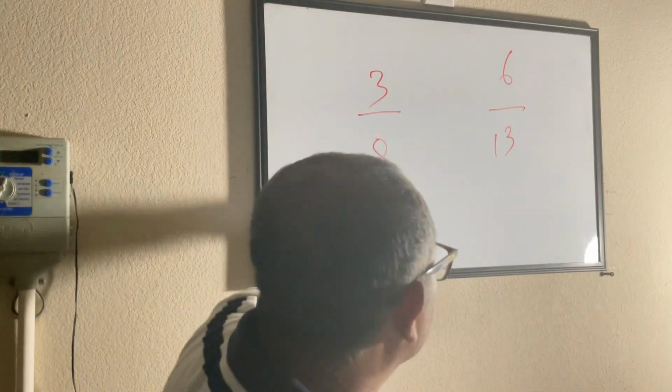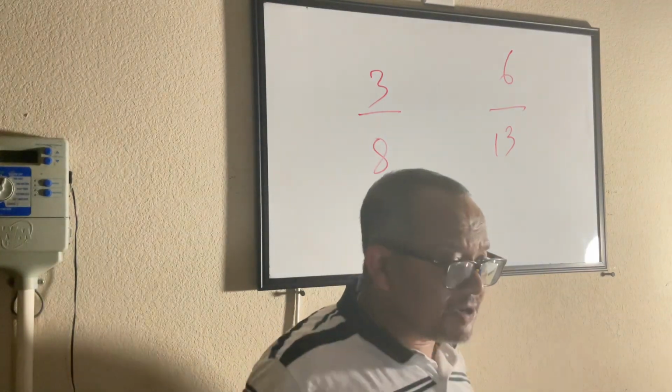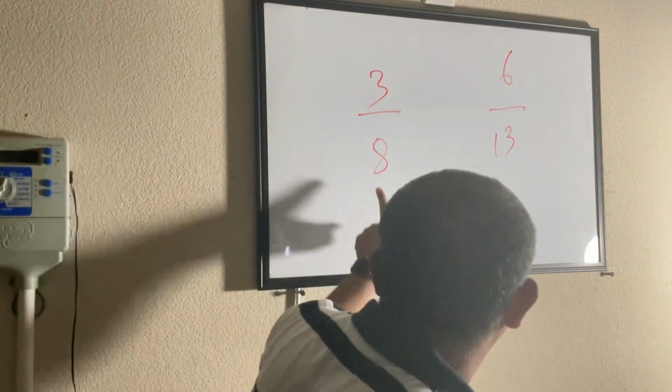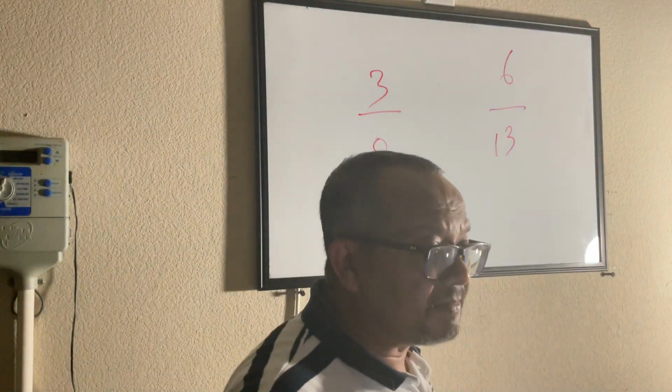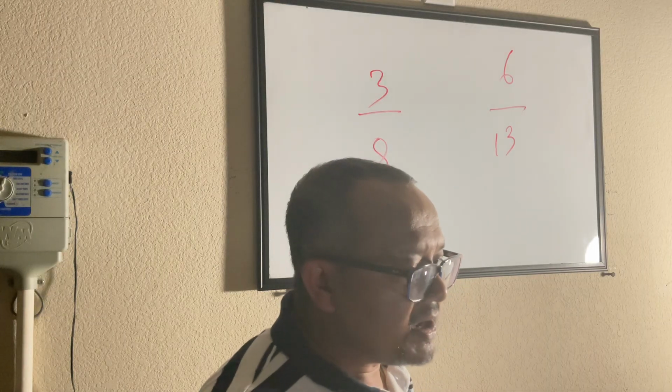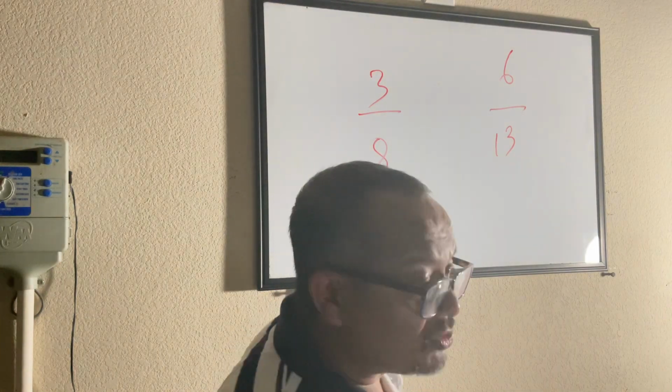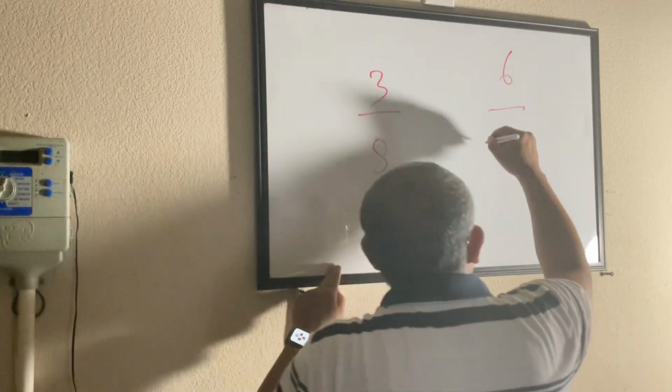If I have numbers like this to compare, I don't want to break my head. The first thing I see is that my denominators are different. There's no way I can compare them. That is where we have to do the butterfly. What does butterfly say?